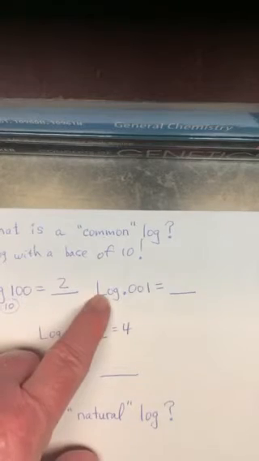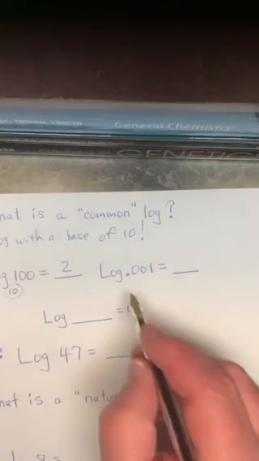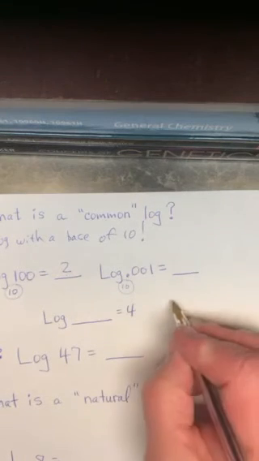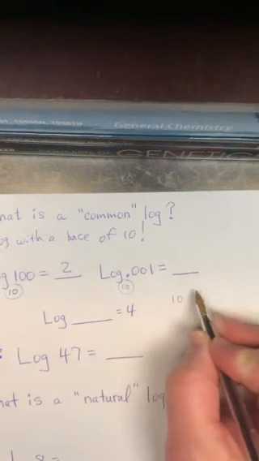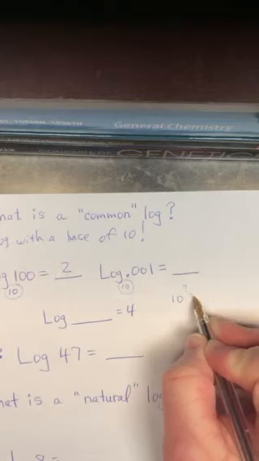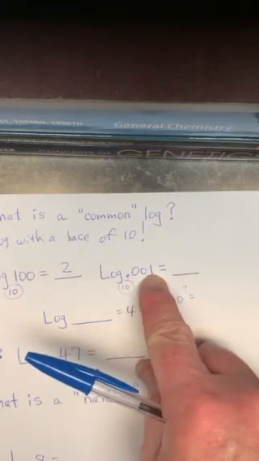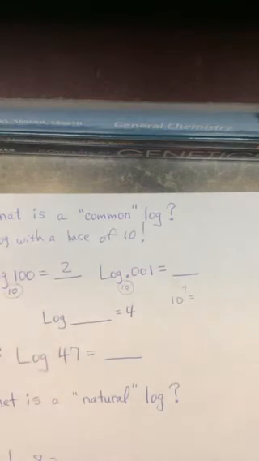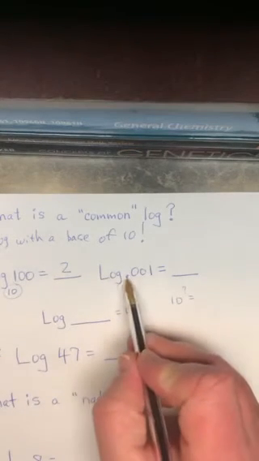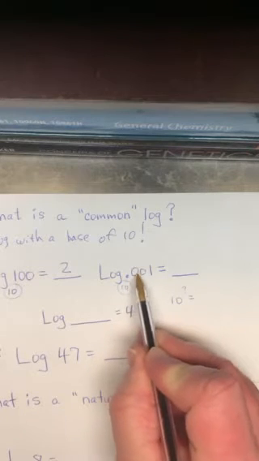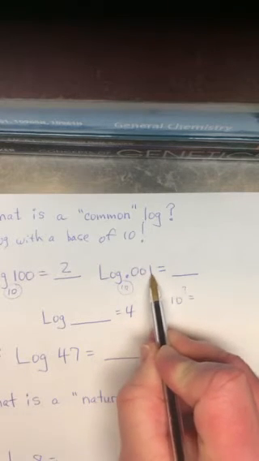The second question in this section, once again, I have a base understood to be a 10. 10 raised to what exponent gives me, now I know it says 0.001. Guys, think back to 7th grade math when you did decimal places. If you counted your decimal places on this problem, isn't it tenths, hundredths, thousandths?